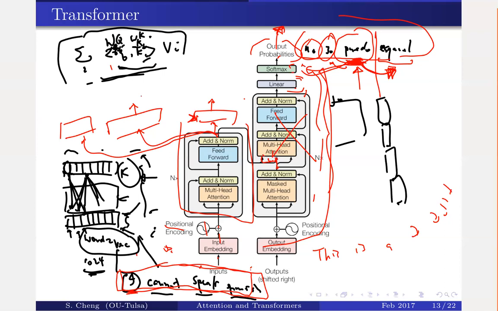And basically, these two linear layers here are going to predict the words. So the output dimension of the linear layer should be the total dictionary size, and then I can get the distribution of that, right?